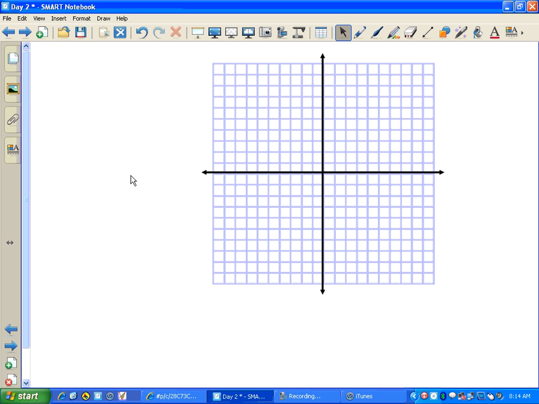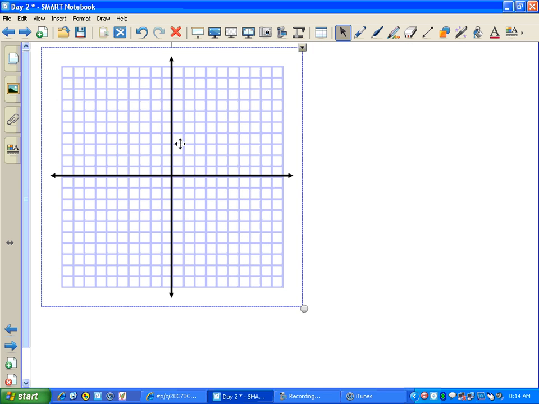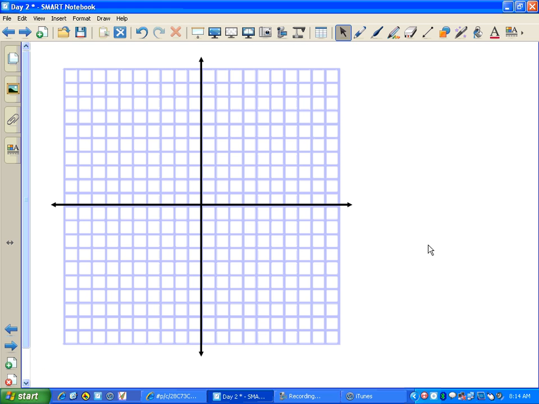Okay, we use the distance formula when we have points on our coordinate plane. So let's say, for example, I have a point here and a point here, and I want to know how far it is from this point to this point in a straight line. What's the straight line distance between these points? Well, my first point here is at 2, 2.